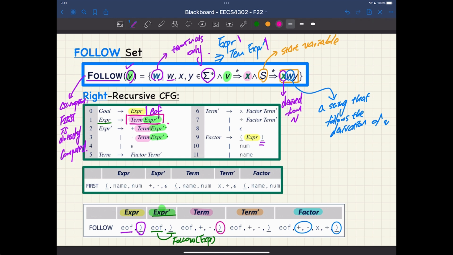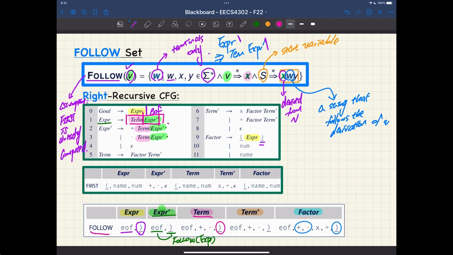Now we want to calculate the follow of the turn. That's what we want to do. Turn is not the rightmost component. So in order to observe what can follow the turn, we can't necessarily just calculate the follow of expression prime. It might work, but in general it may not work. So let's see in this case specifically.